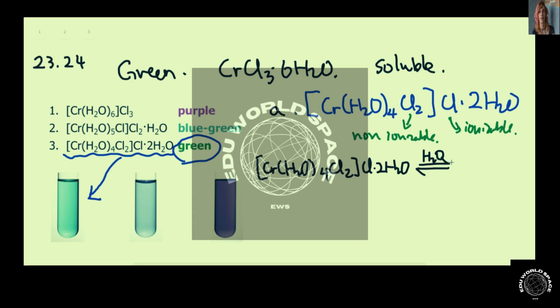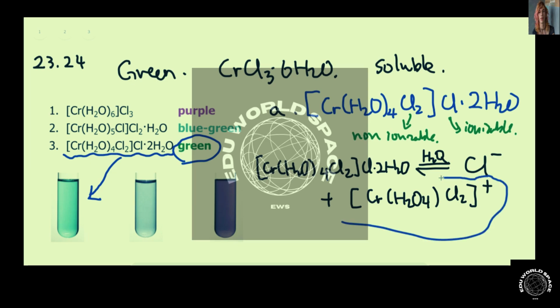And after the aqueous medium, we get chloride and [Cr(H2O)4Cl2]+. So the complex ion that is formed by this compound will be this one. This is the complex ion we get for question A.